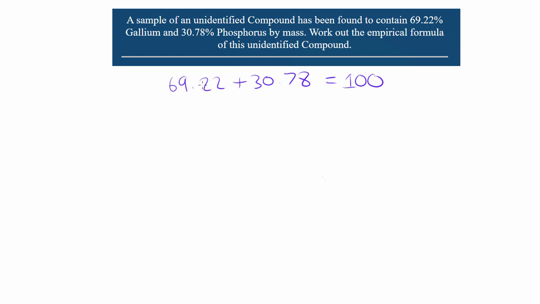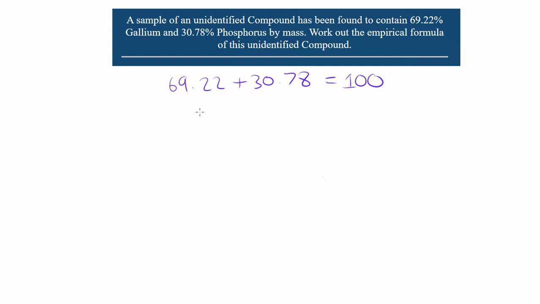Because of that, I'm going to assume that this is a sample which is specifically 100 grams total. And what that enables me to do is to convert these percentages by mass into masses.